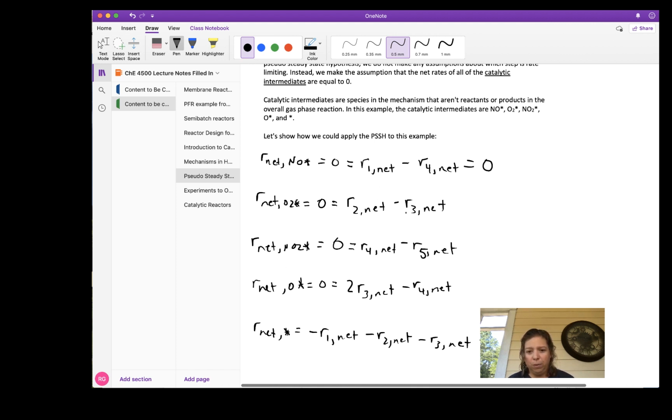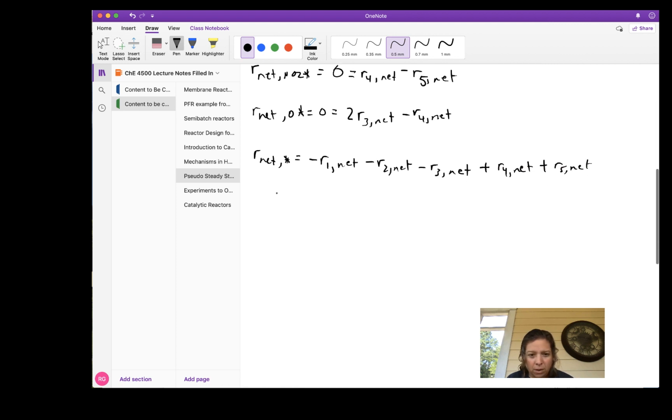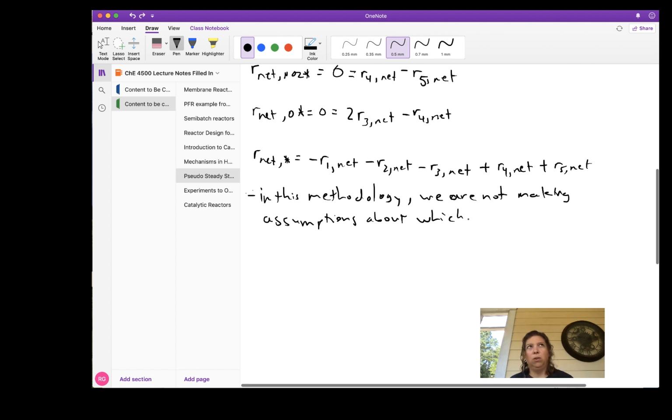So for example, in this case, we'll say this methodology, we are not making assumptions about which steps are fast or slow.